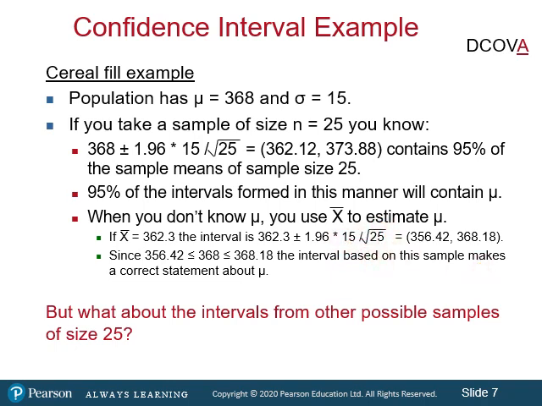So now the 95% confidence interval is 356.42 and 368.18. This is only one sample. But what about the intervals from other possible samples of size 25? This is what we will be looking at next.